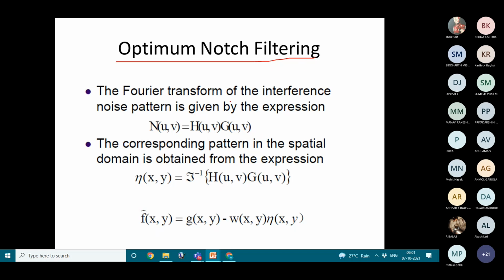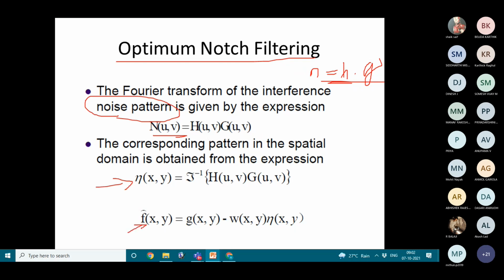So the Fourier transform of the interference noise pattern, if we consider the noise as H, then the Fourier transform of the noise can be taken as capital N equals H into capital G. The corresponding pattern in the spatial domain is the inverse Fourier transform of N, small n, which is the inverse Fourier transform of H and G. That is our noise here.